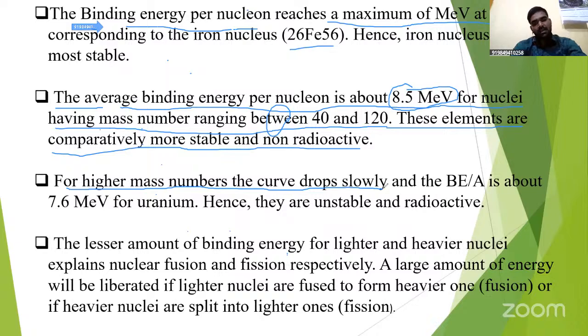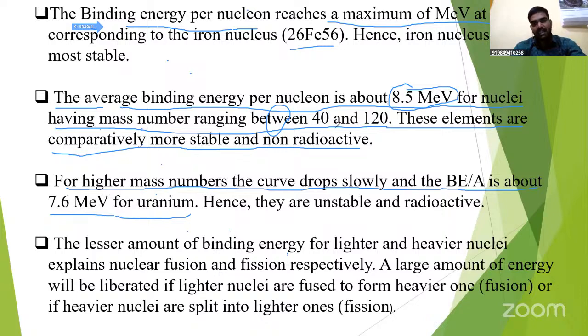As I just said, as the mass number increases, the curve drops slowly, and the binding energy per nucleon for uranium is about 7.6 mega electron volt. If you see 40 to 120, it is 8.5.